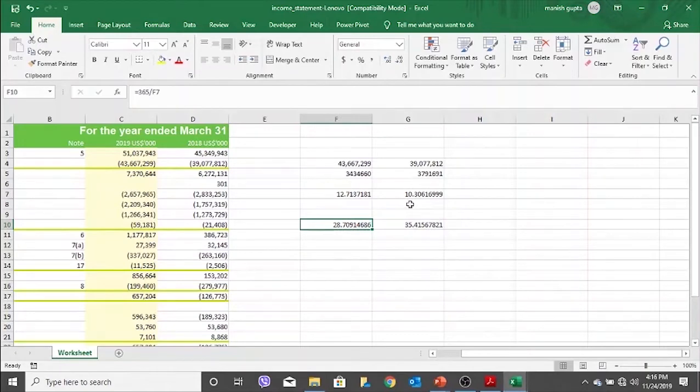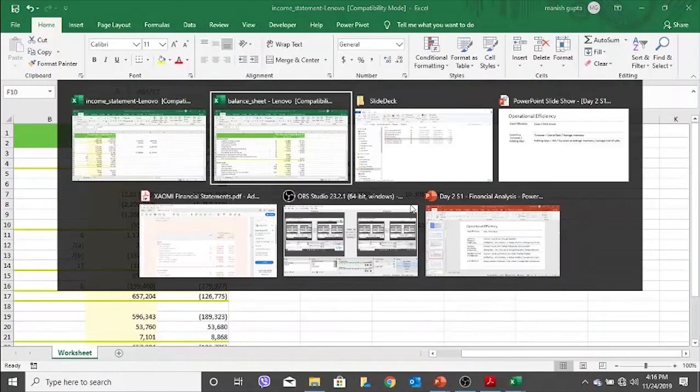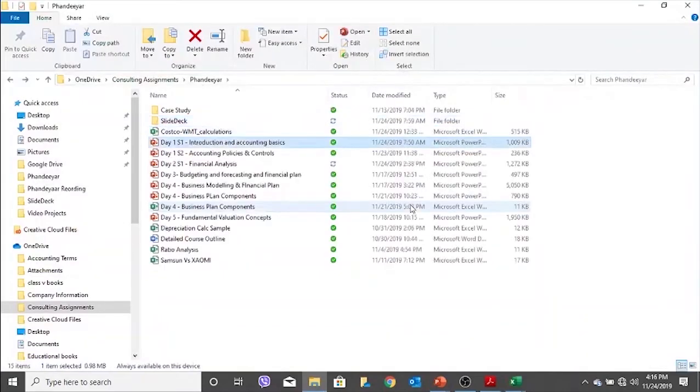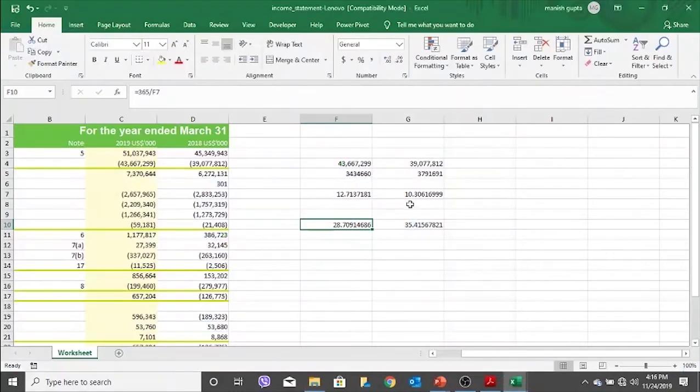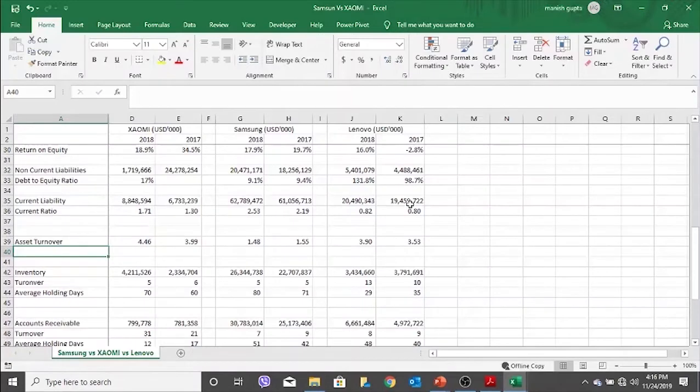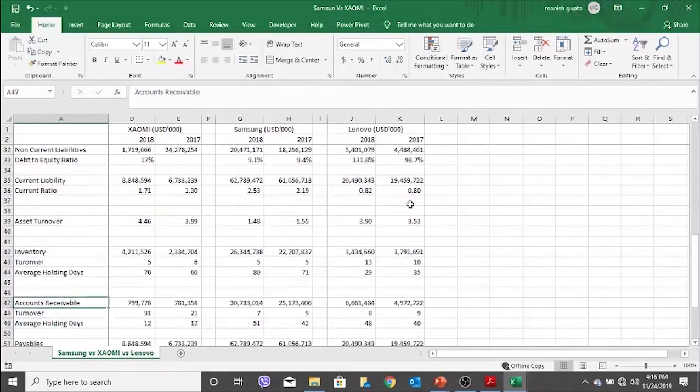So how do we see the competitors? Let me open up the ratios I have done for the others. Here, inventory turnover for all the three companies. Turnover for Lenovo is 13, for Samsung is 5, and for Xiaomi is also 5.